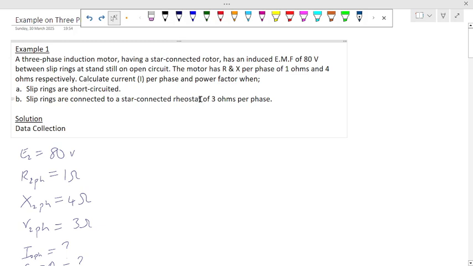The rheostat per phase is given as 3 ohms, so that's what we have here.